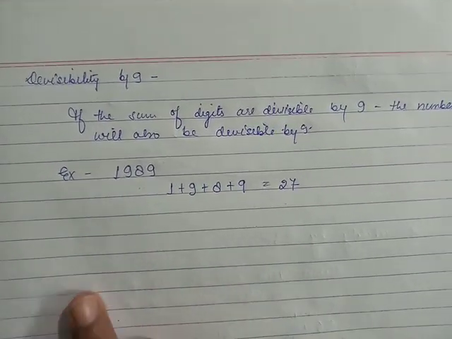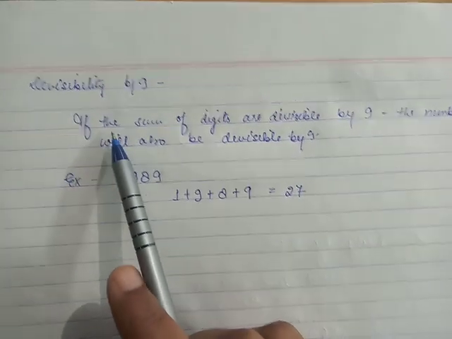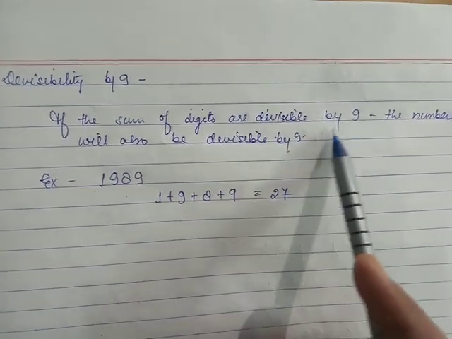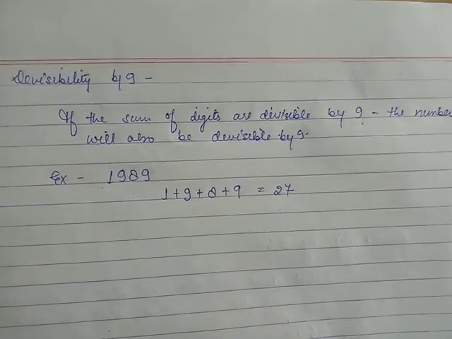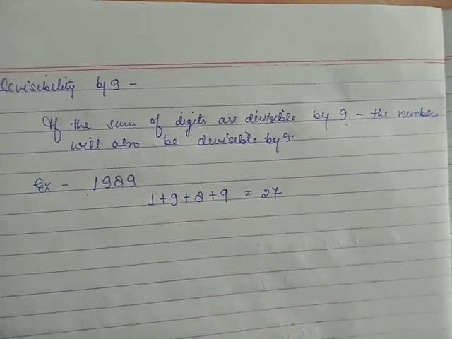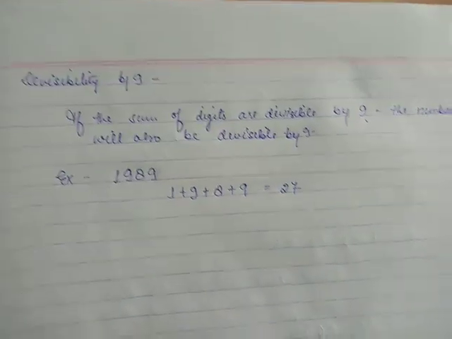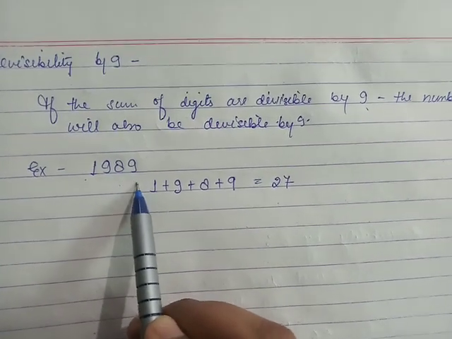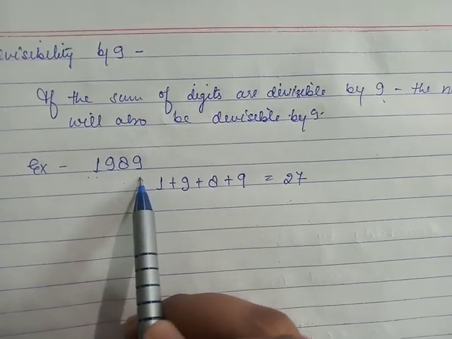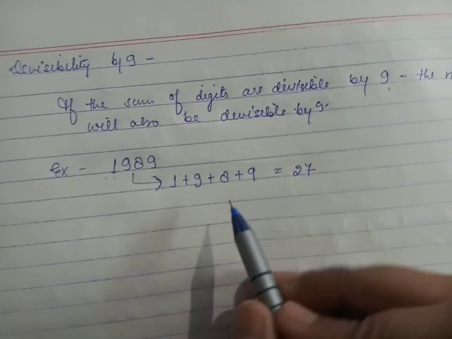The test of divisibility by 9 is: if the sum of the digits is divisible by 9, the number will also be divisible by 9. Let's see it with an example. You can see here it is 1989. We will first see what the sum of these digits is.